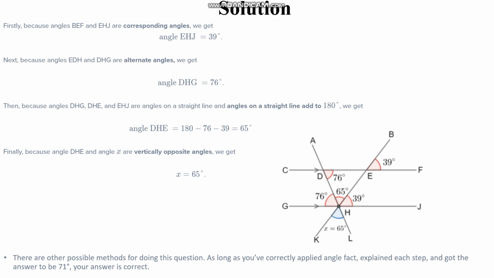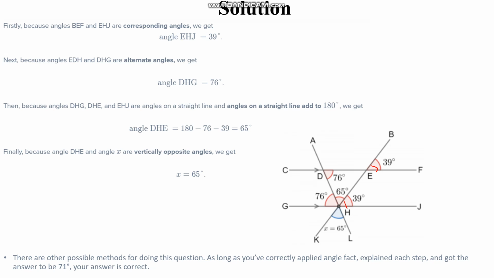So firstly, we know that the angle BEF, which is this one, and EHJ, this is EHJ, are corresponding angles, and from what we learned, corresponding angles are equal. So this means that the angle EHJ is 39 degrees, right? And then we also know that the angle EDH and DHG are alternate angles.